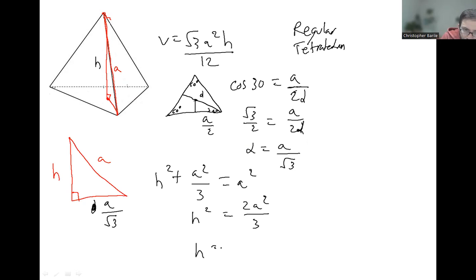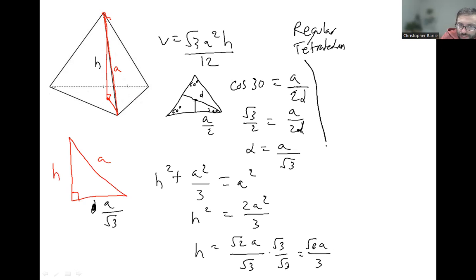Taking the square root of that, we get root 2 A over root 3. We can clean that up a bit by multiplying by root 3 over root 3, and figure out that the height is root 6 A over 3.